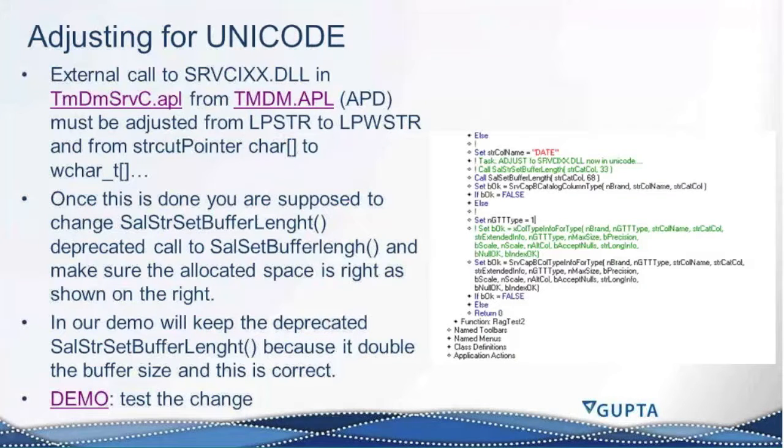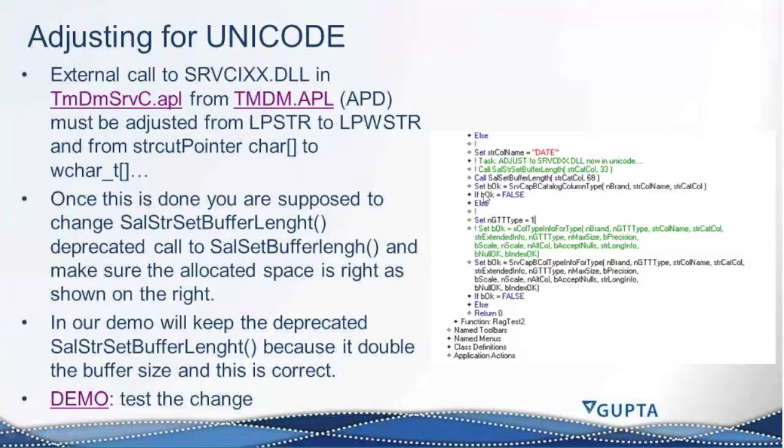But once this is done, you are supposed to change these functions, SalSetBuffer, which is a deprecated function, and we have a new function called SalSetBufferLength, and make sure the allocated space is right as shown on the right.